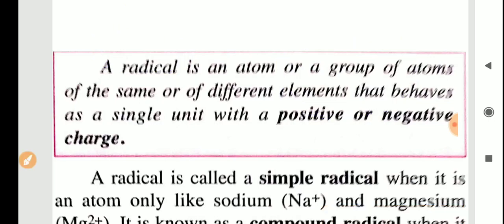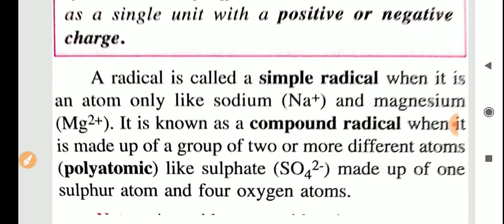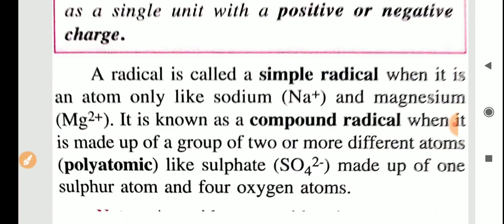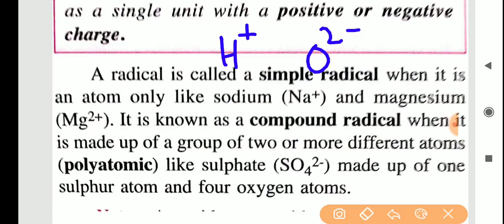Then radicals or ions are of 2 types: simple radical or simple ion, and compound radical or compound ion. Simple radical means a radical containing only one atom, like H plus, O2 minus, Cl minus.